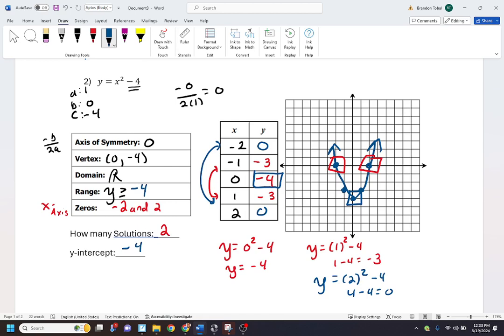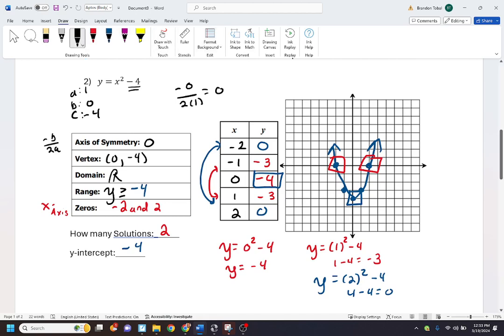How many solutions? So how many times does it hit the x-axis? Zeros is what number it is, and how many times. But remember, the words zeros, roots, solutions, they're interchangeable. If I said how many roots, it'd still be 2. If I said how many zeros, it'd still be 2. And if I said solutions, you'd still be giving me negative 2 and 2.